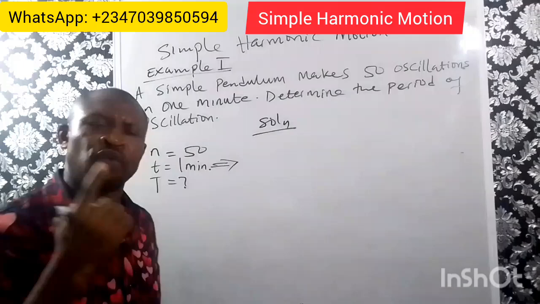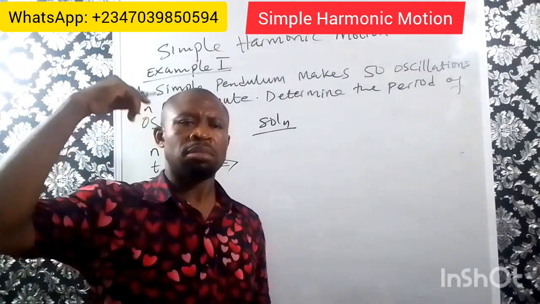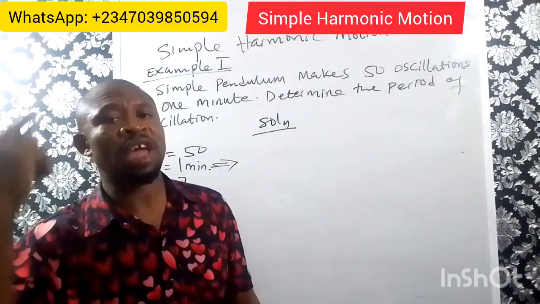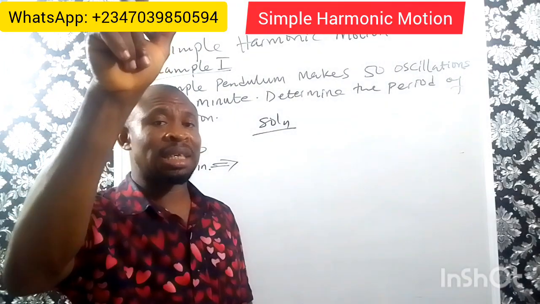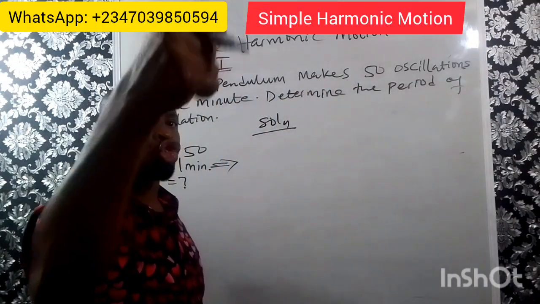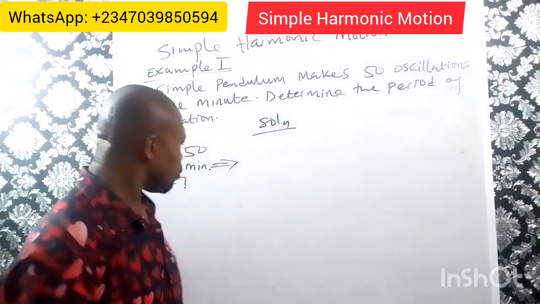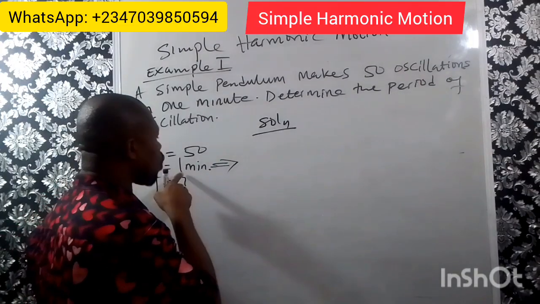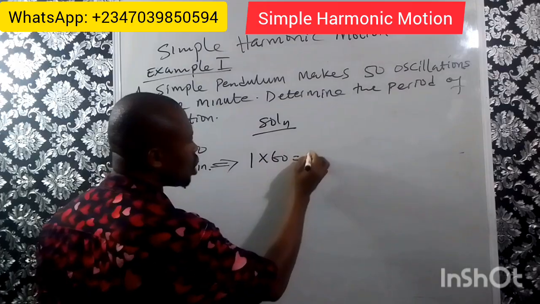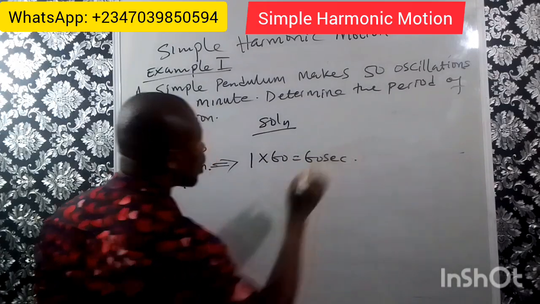Of course, if we are moving from minutes to seconds, you multiply. If you are moving from seconds to minutes, you divide. So in other words, since we are moving from minutes to seconds, we say 1 minute times 60 seconds will give us 60 seconds.